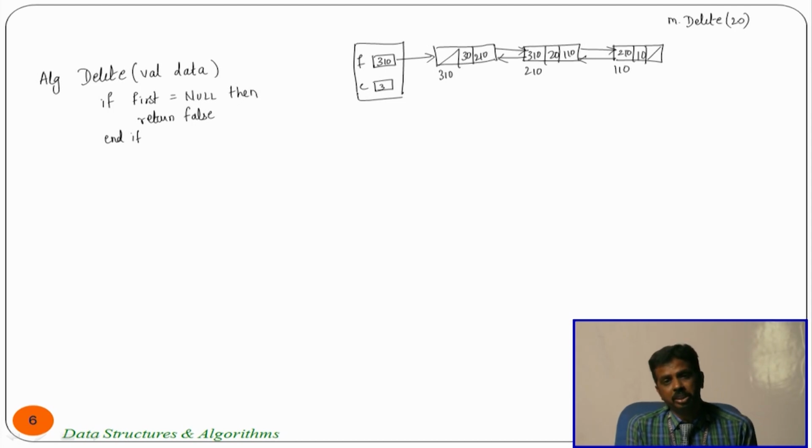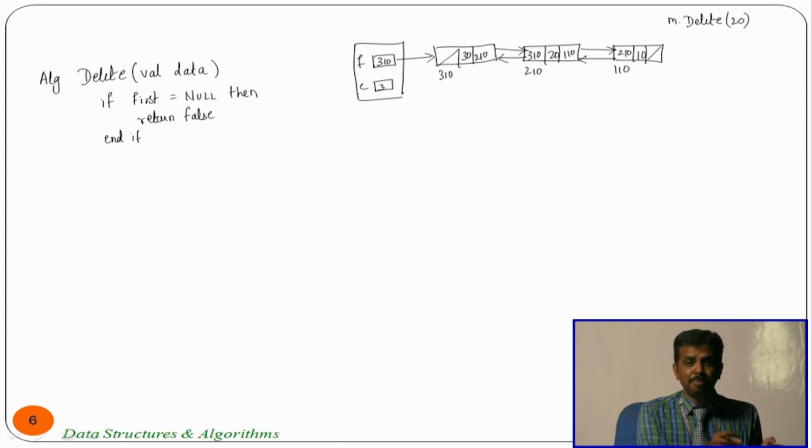And one advantage in the doubly linked list is what? In a singly linked list, if I want to delete a particular node, we need to track the previous node, the parent node of the node to be deleted. So we have to use two variables p and t. Whenever we move t, p also gets moved. So once we get the node to be deleted as t, p contains the address of the parent of t.